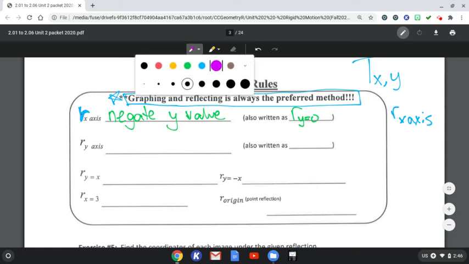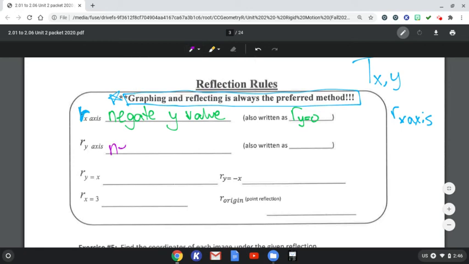The next one, when you reflect over the y-axis, you negate the x value. I'll show you that with a few ordered pairs in a second. It's also written r of the line x equals 0. So y equals 0 is the same as the x-axis, and x equals 0 is the same as the y-axis.